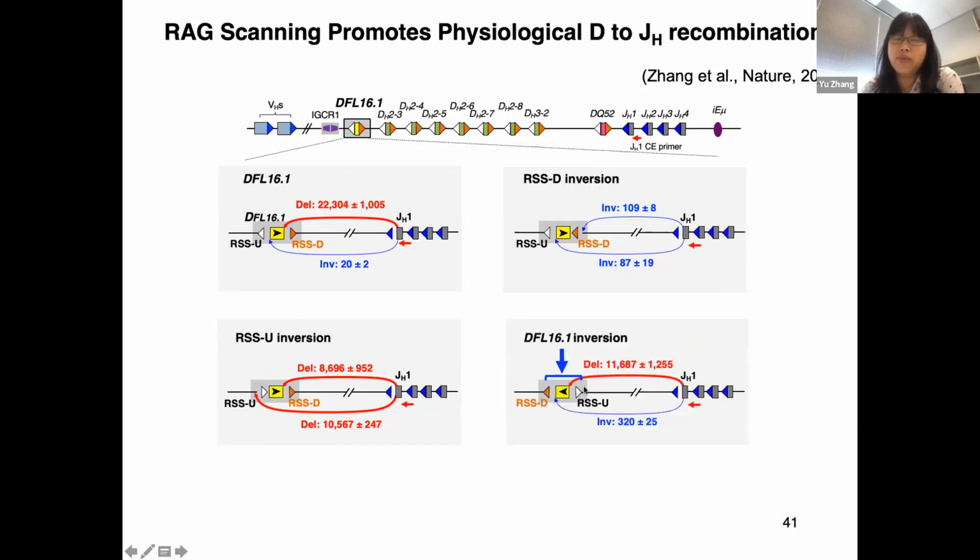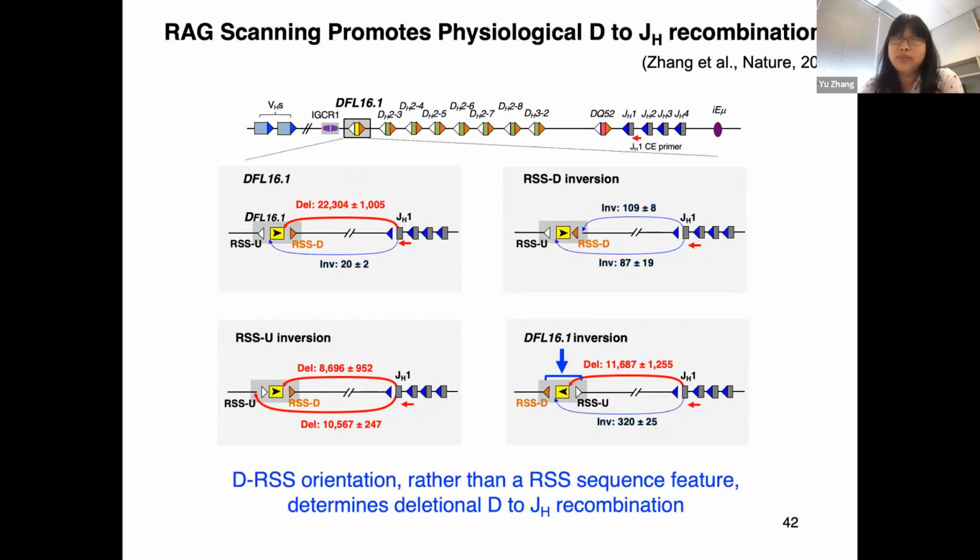We then further inverted the whole cassette, which reversed the orientation of the two RSS linking the Ds, and this also reversed its potential to join into the GRSS, because now the downstream DRSS predominantly joins to the Js, but upstream DRSS almost has no recombination activity with the GRSS.